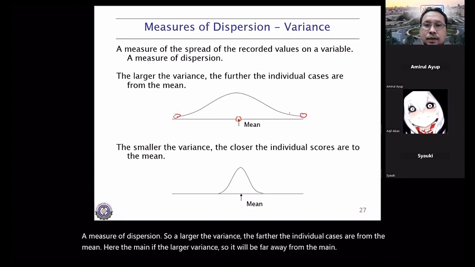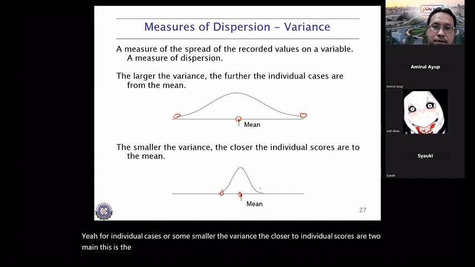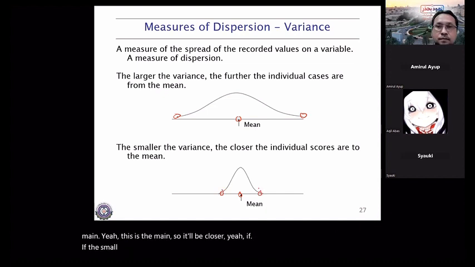The smaller the variance, the closer the individual scores are to the mean. So it will be closer if the variance is small. So that is the thing for the measures of dispersion.